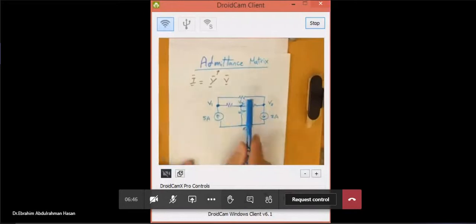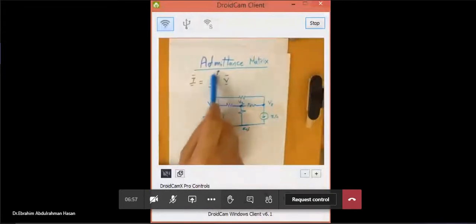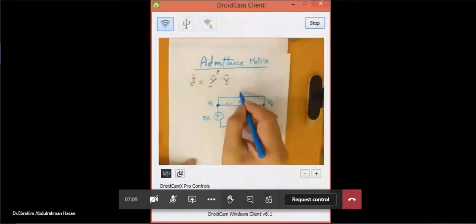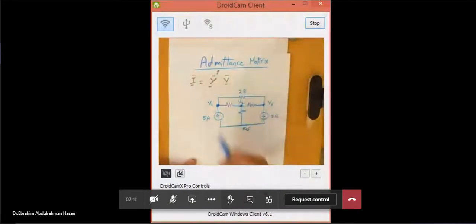Second, we're going to express all R in terms of conductance. Instead of R, I will have Y or Z. Because we want to find the Y matrix, we express these in conductance. So let me say that this one is 2 siemens. This one 4 siemens. This one 1 siemens. This one 3 siemens.